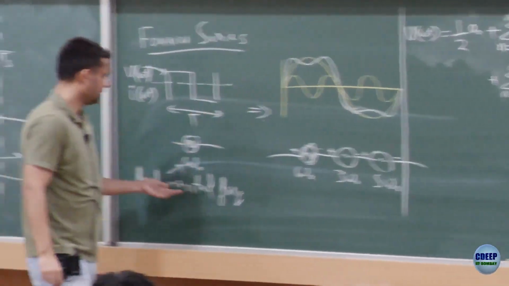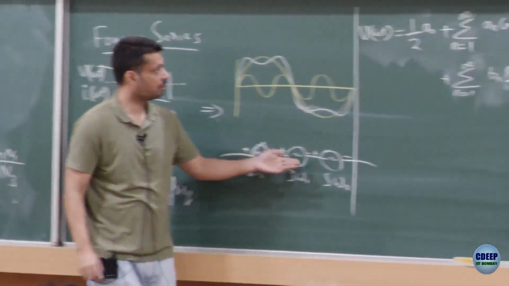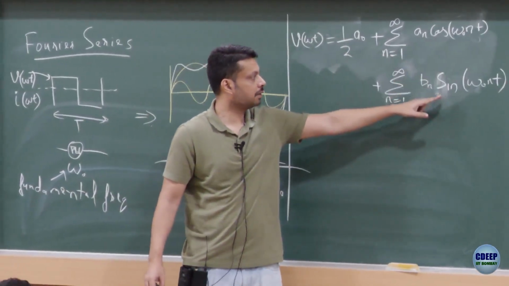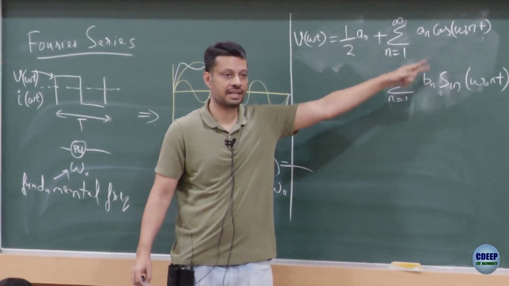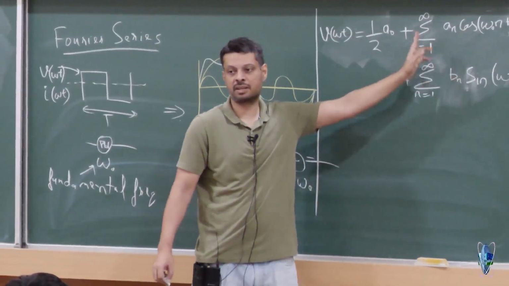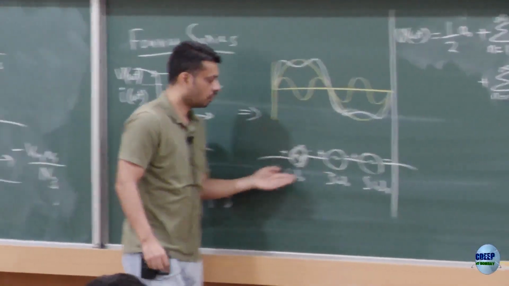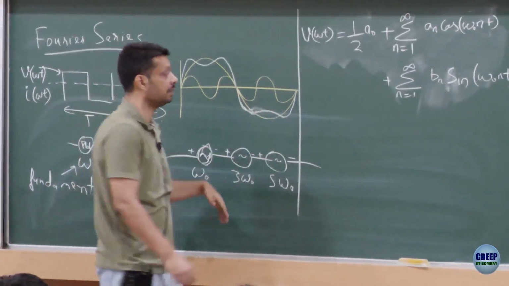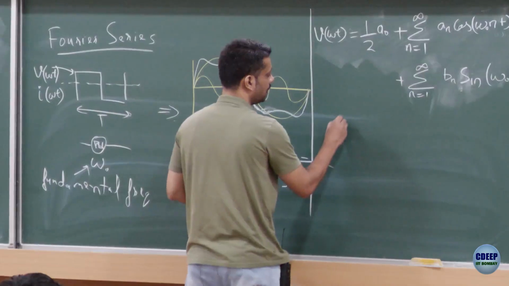This means we can express this waveform as a combination of a DC source plus an AC source of fundamental frequency plus an AC source of second harmonic, third harmonic, fourth harmonic, fifth harmonic. Of course some of the harmonic coefficients may come out to be 0 when you evaluate them. And how do you evaluate A n?